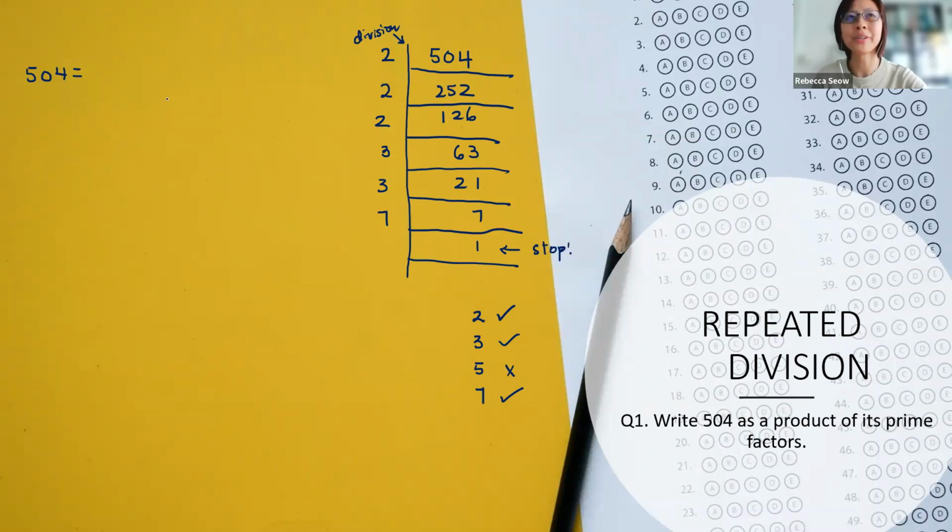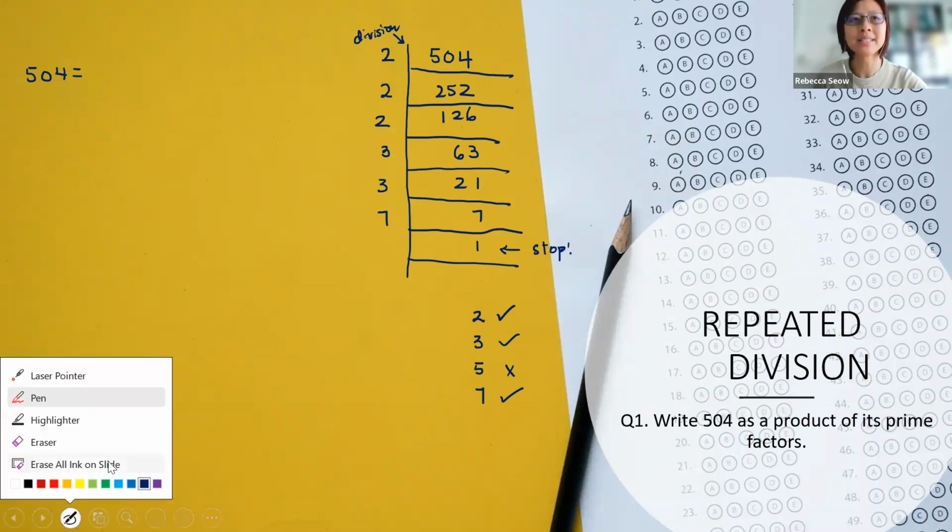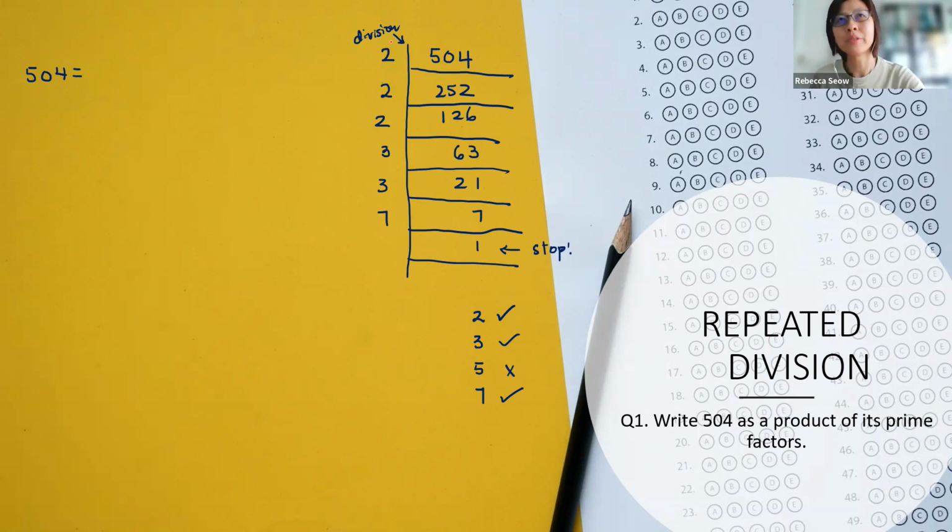504 can be broken down into the product of the numbers on the left. Okay, so 504 could be written as 2 times 2 times 2, times 3 times 3, times 7. There you go.